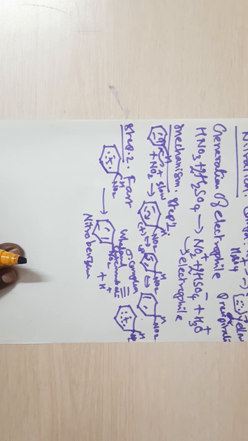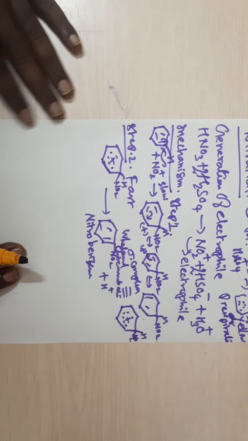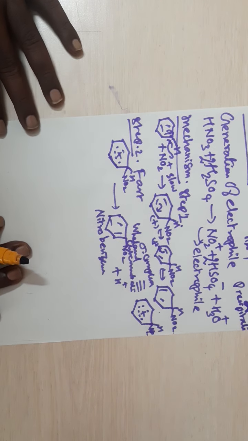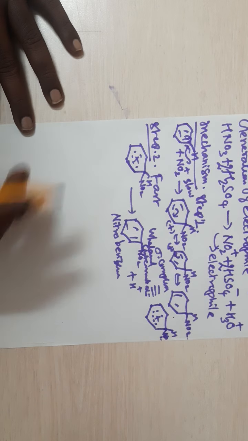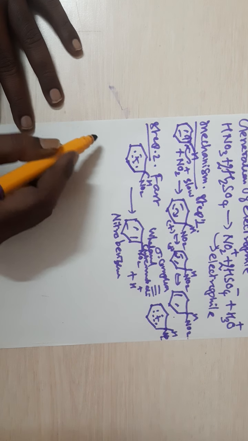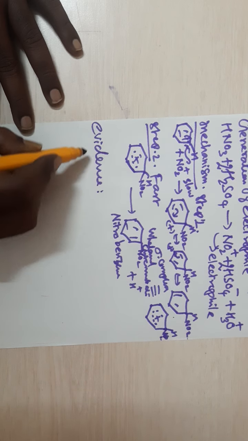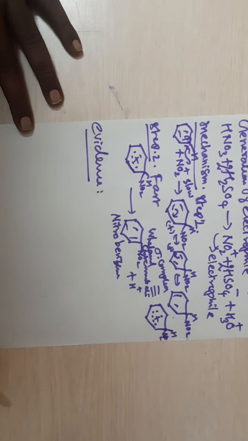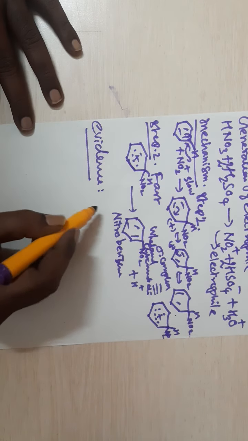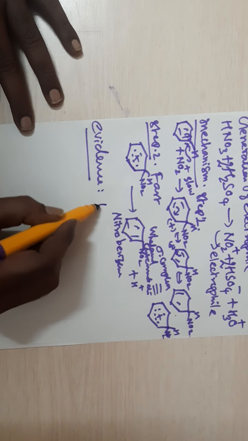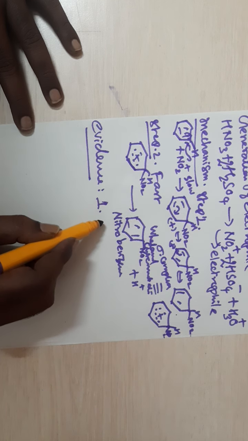See, what is the evidence for this mechanism? That the nitration also takes place by a substitution, namely aromatic electrophilic substitution reaction. The evidence as usual comes from the two evidences that are given for the general mechanism. See, step 1 is the slow step and step 2 is the fast step.